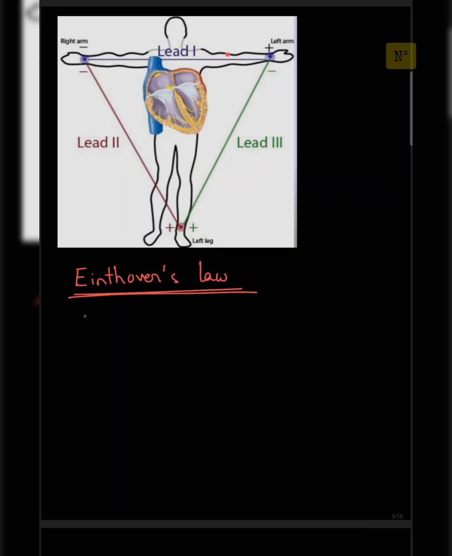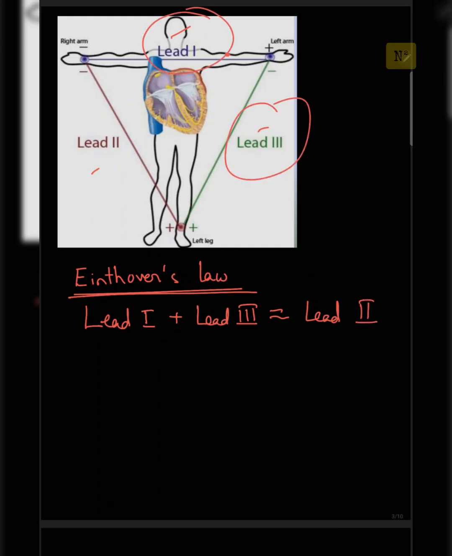That means Einthoven found that if we summate the lead 1 potential with that of the lead 3 potential, it approximately equals the potential that is detected in lead 2. So if we add two values, we should be able to get the value detected in the third lead. That is called Einthoven's law.